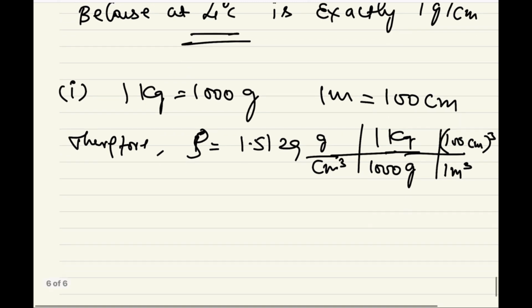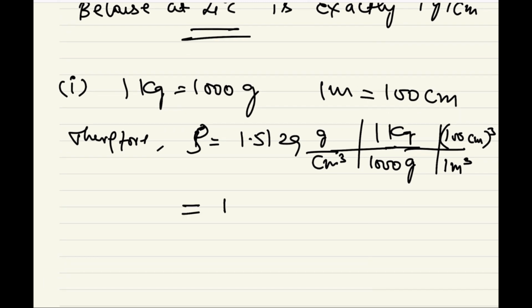So if you perform the calculation, you end up getting 1512.9 kg per meter cube. Centimeter cancels, thus this becomes 100 cube. You can easily cancel the terms, and if you do the multiplication, you get 1512.9 kg per meter cube.